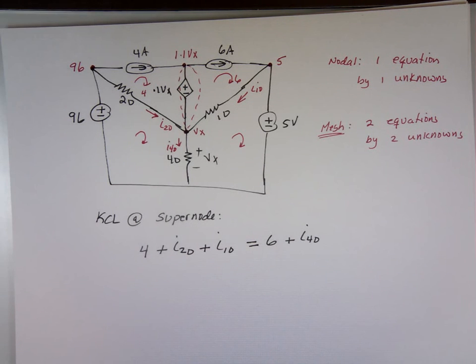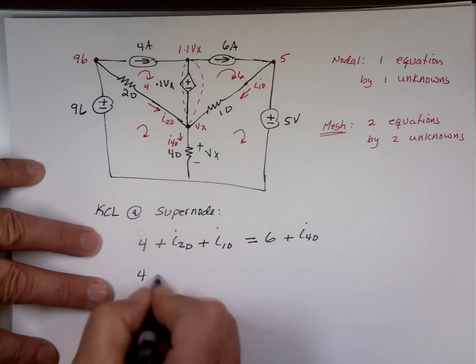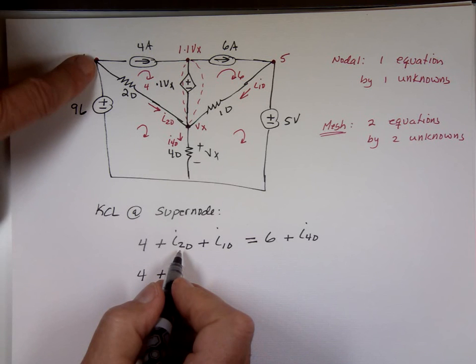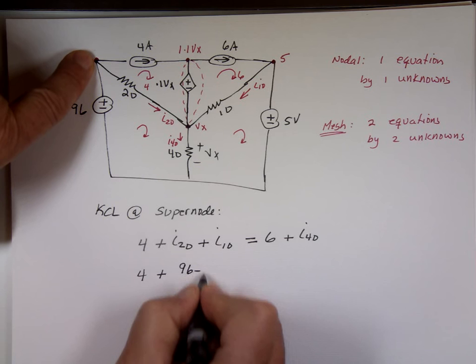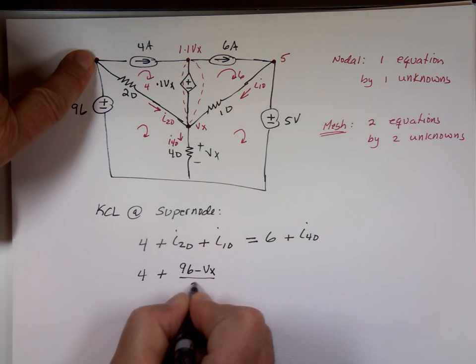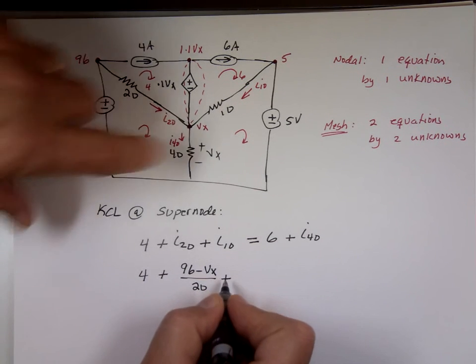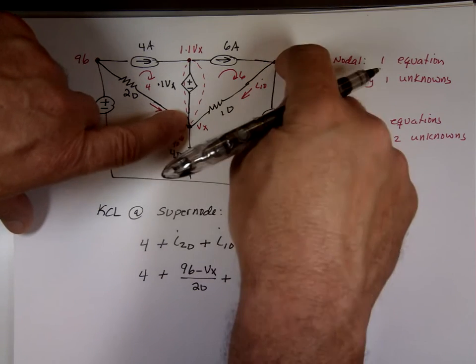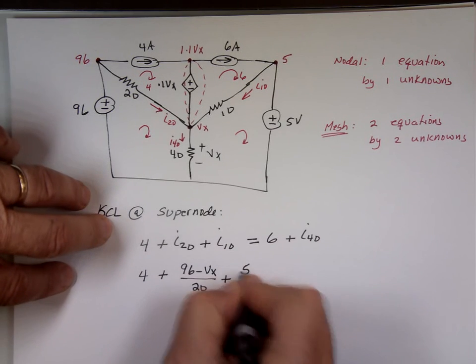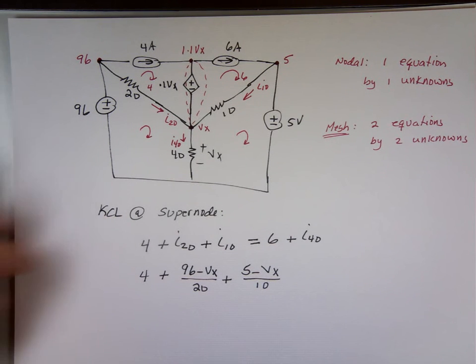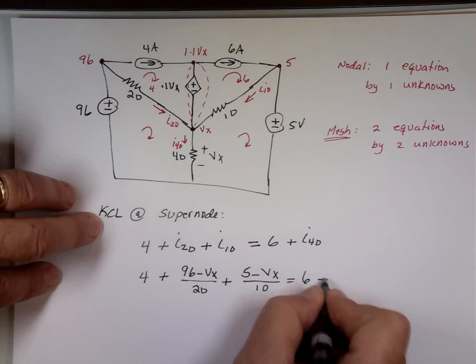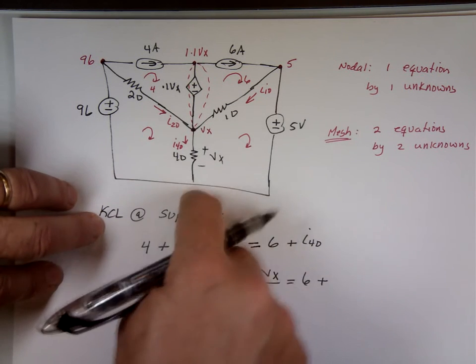Now I gotta write these in terms of Vx. I-20, that'll be what? 96 minus Vx over 20. I sub 10 will be what? It's coming down, so it's that voltage minus this one. I sub 40 is coming down, Vx minus the ground over 40.